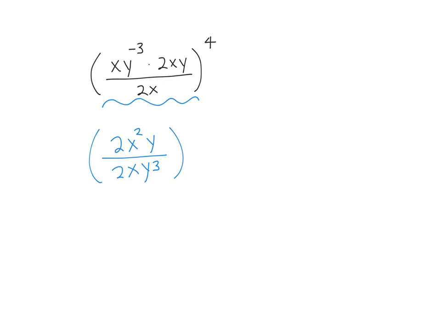Raise the whole thing to the 4th power. But again, we can simplify it a little bit better. Cancel out the 2's, cancel out the x, cancel out the y's. So we're left with x over y squared, raise it to the 4th power, which makes it x to the 4th over y to the 8th.